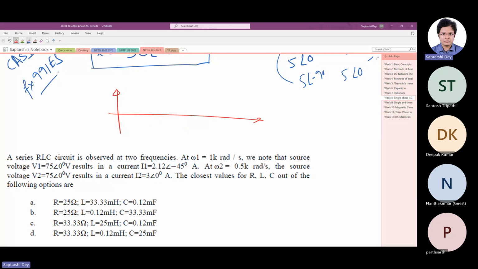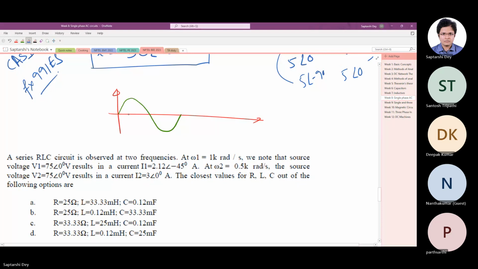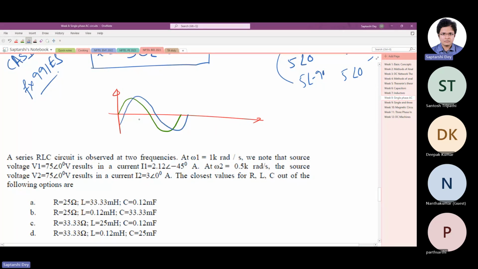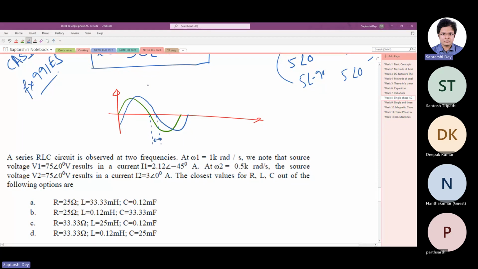Let me draw it in another color. Two, not necessarily sinusoid, can be anything, but it should be periodic. Any periodic waveform like this. Now, we know that this is how we find out the phase difference between them. The blue one is lagging by a certain phase difference in this fashion.